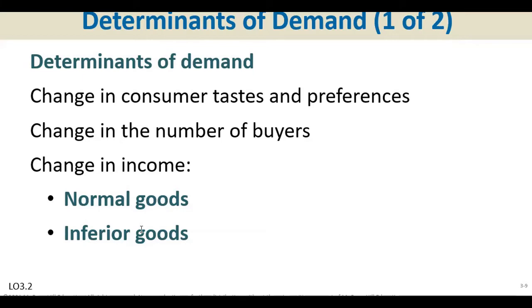One good example of an inferior good: let's say your heating system is powered by oil. As you get more money and your income increases, you tend to shift your heating system to clean energy, for instance. So the system powered by oil becomes an inferior good to you.